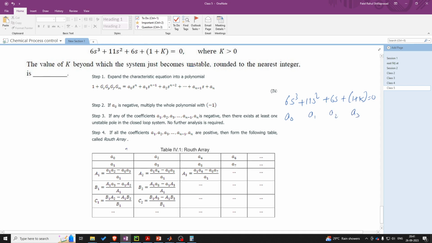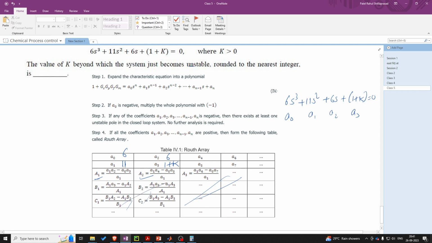So 6, 11, 6, 1 plus k. If I am going incorrect, just mention it. Then we need to find the value of a1, and I think for the rest of the terms we can find the value of a1, a2.